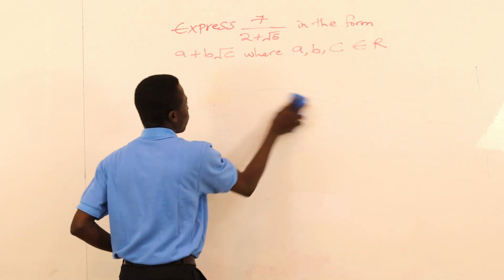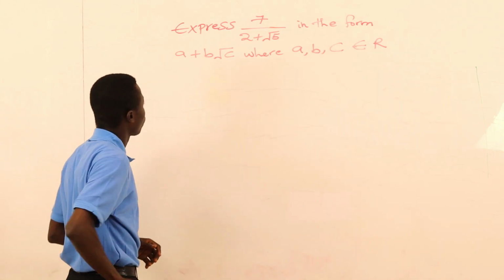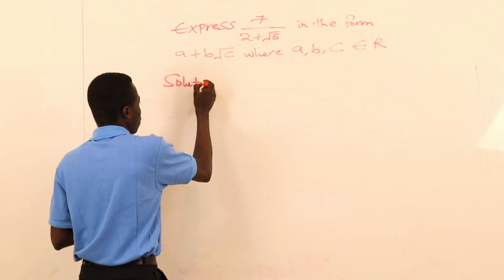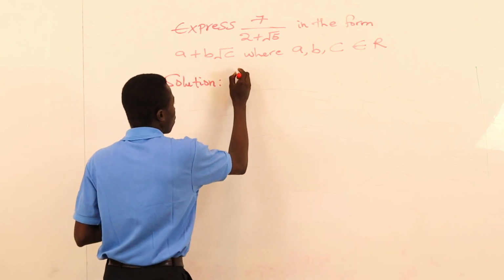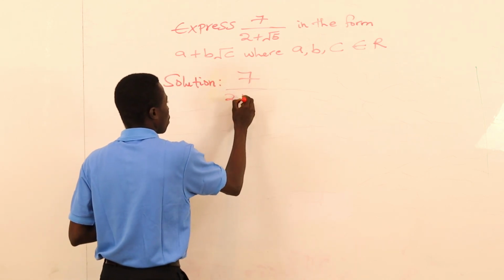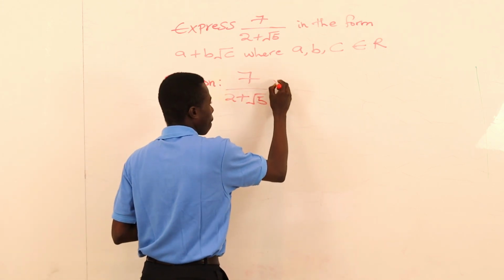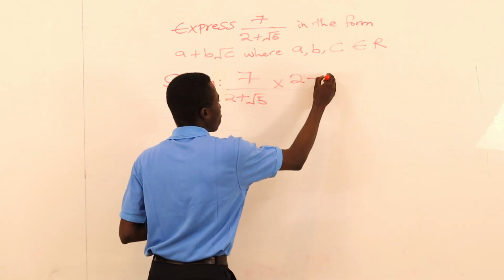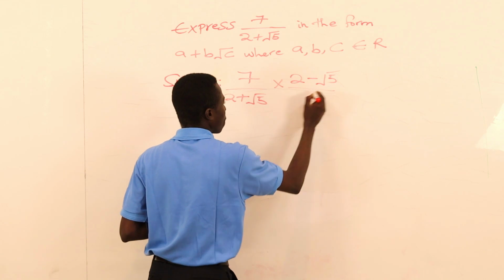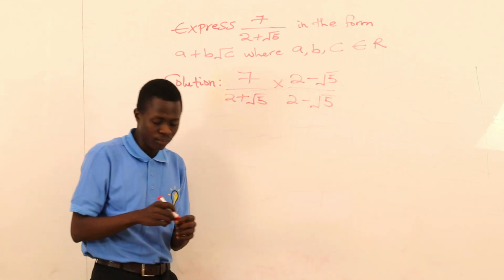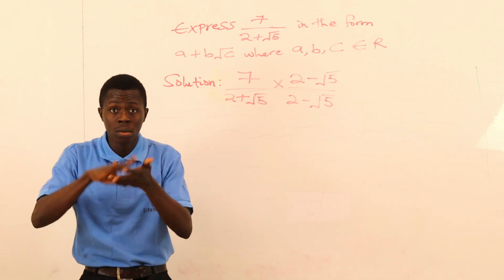So let's do that. Our solution is going to be 7 divided by 2 plus square root of 5, then we multiply by the conjugate set, 2 minus square root of 5 divided by 2 minus square root of 5.